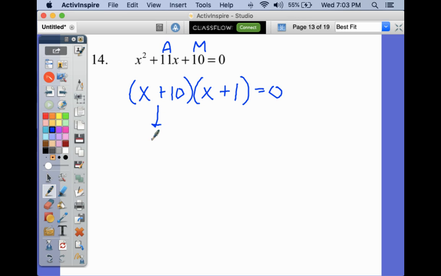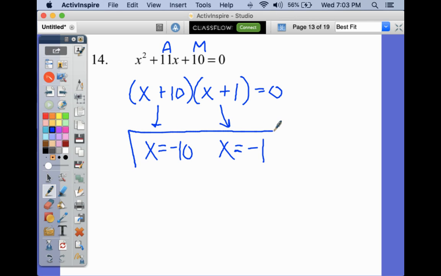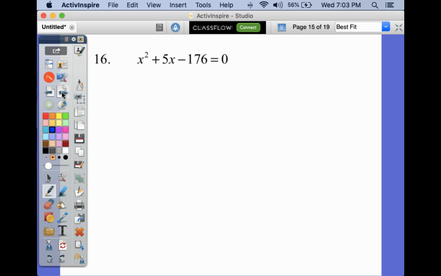So we get x equals negative 10 and x equals negative 1. I apologize, the board is definitely glitching and lagging a little bit, but hopefully we can still read well enough. Next question.